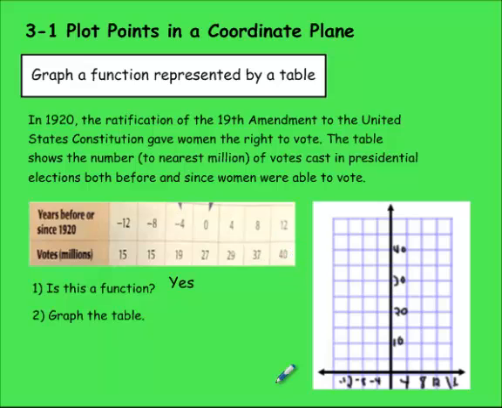And now we can graph this table out. So in 1908, or 12 years before 1920, we would have 15. We plot that point. Now we have at -8, we also have 15. At -4, we would have 19, so just under that 20.